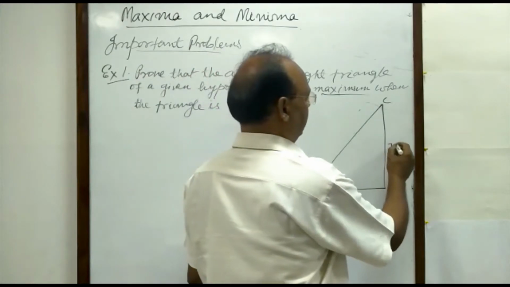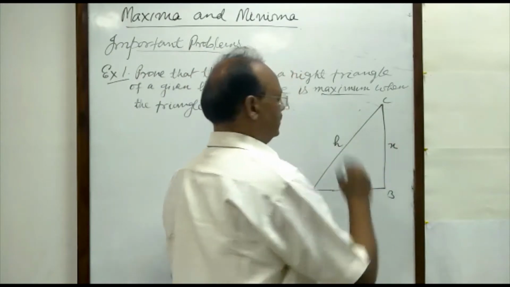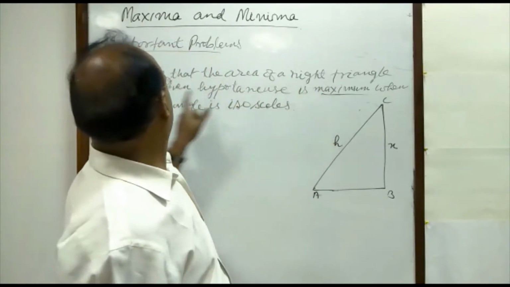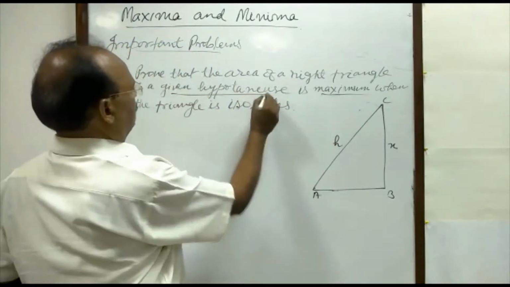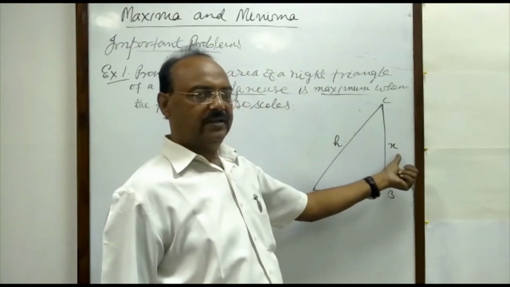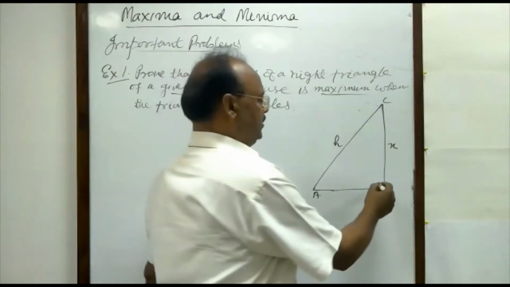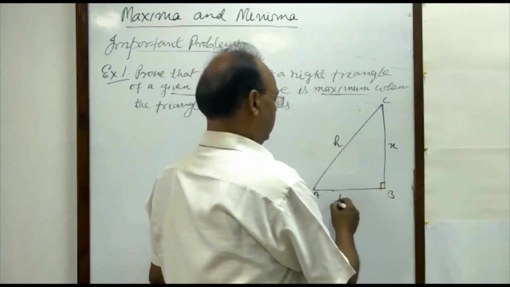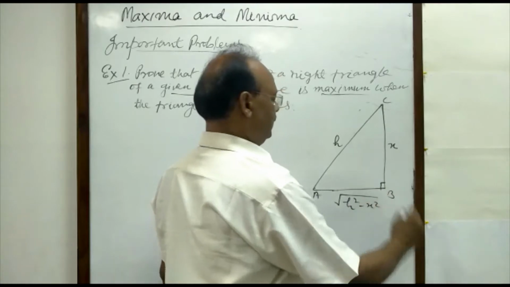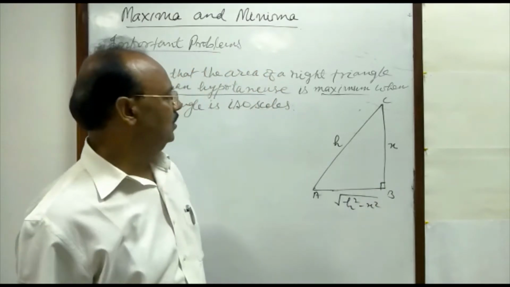Suppose height is x and hypotenuse is h. h is given, and we suppose height is x. So this side AB can be written as root over h square minus x square.